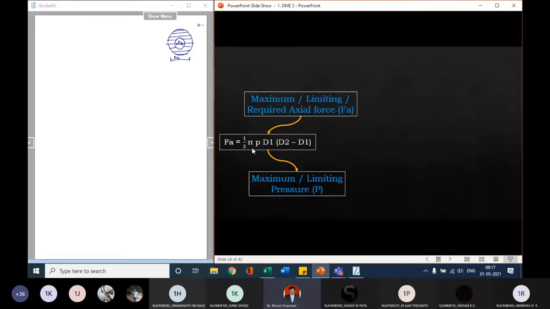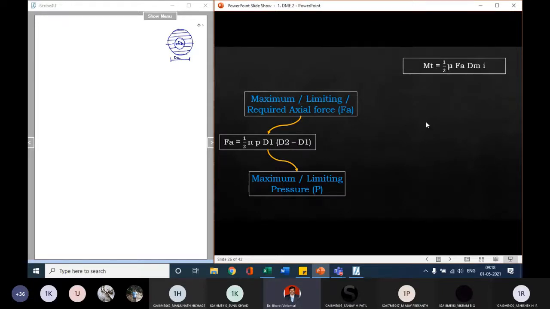Most important guys. Next, now you remember this equation, the final torque equation. If you are trying to find FA from this equation, let me say FA we have already found using the formula half pi p d1 into d2 minus d1. But there is another way of finding FA. FA can also be found by the equation which is shown now, the torque equation.